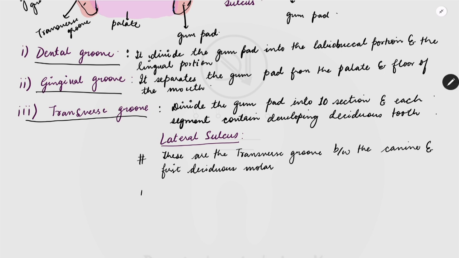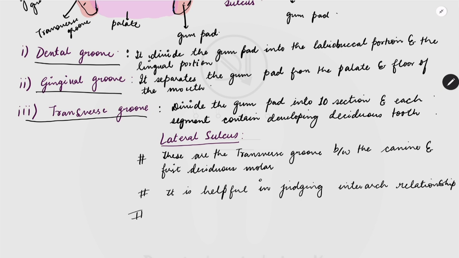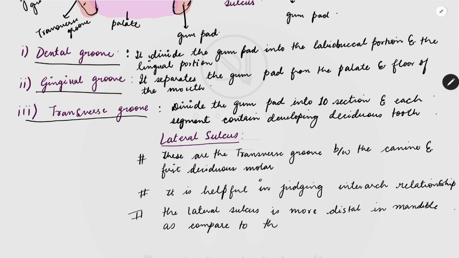So what is its importance? It is helpful in judging the inter-arch relationship, and the lateral sulcus is more distal in the mandible as compared to the maxilla.